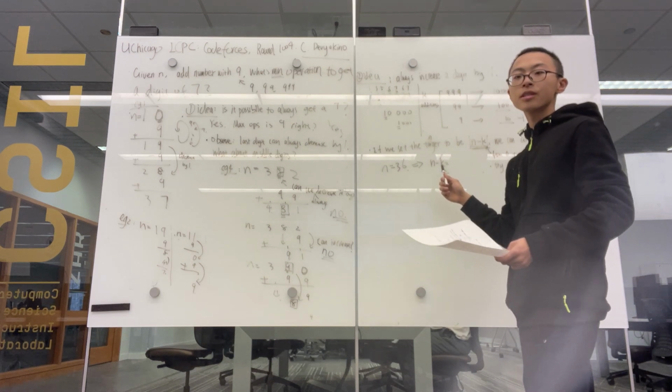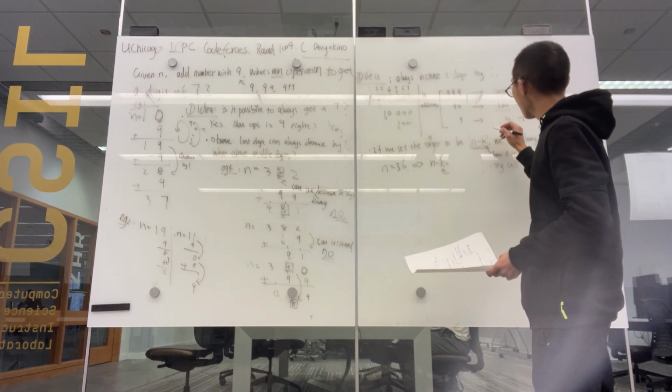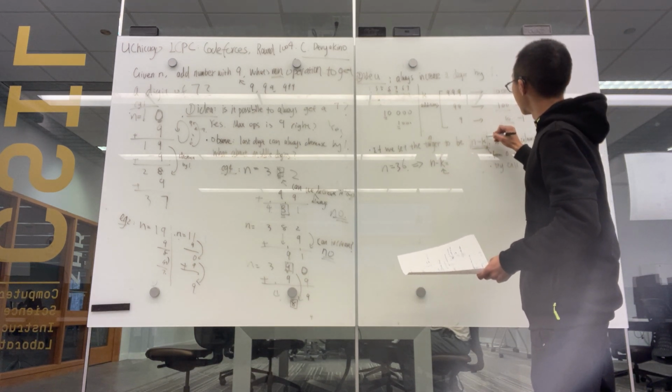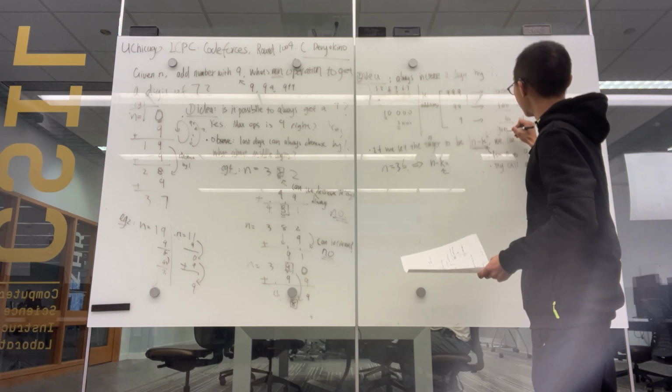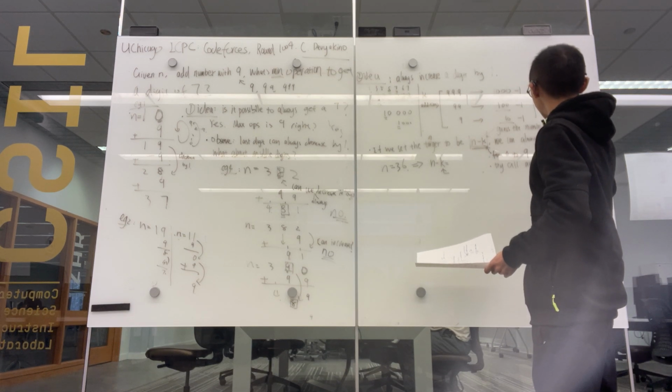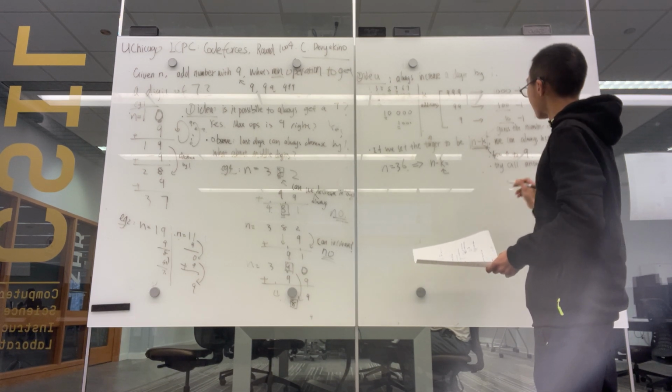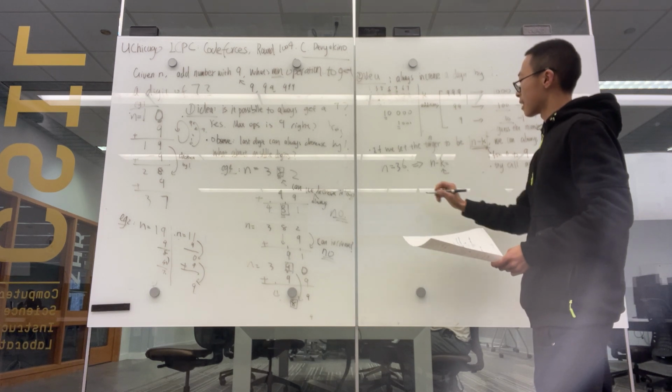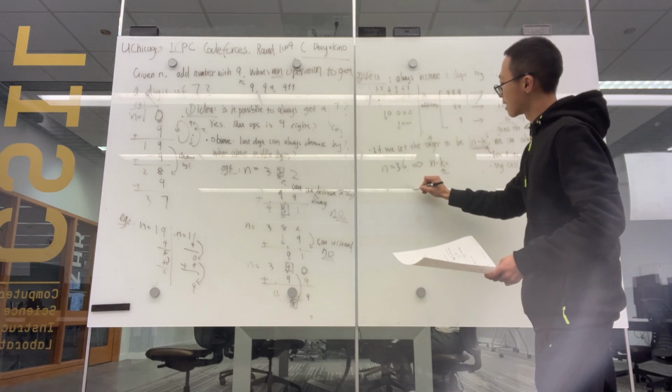So with using 0 operations, k is our guess of the number of operations. Let's try k is 1.